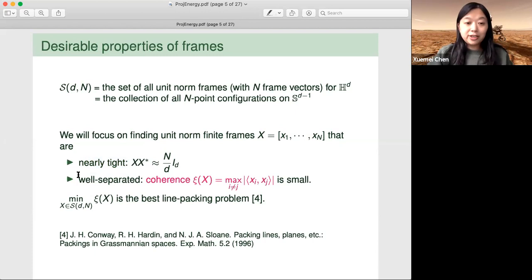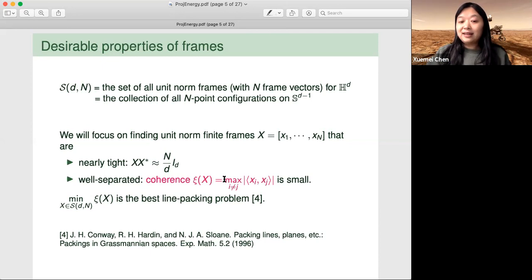And the second property that I'm going to be focused on is the well separation. I said that I would be a little bit more specific, and here it is. This is a concept that's pretty common in frame theory or compressed sensing. So I'm going to define coherence.